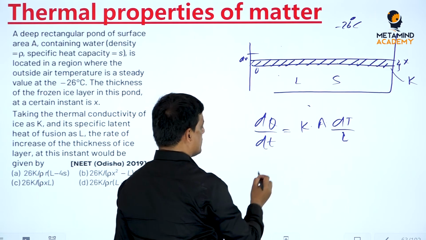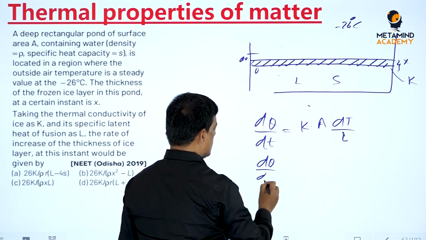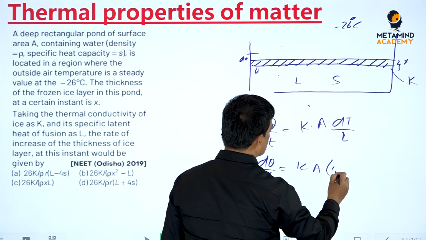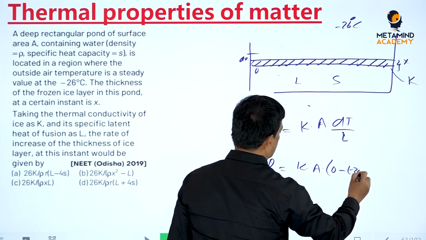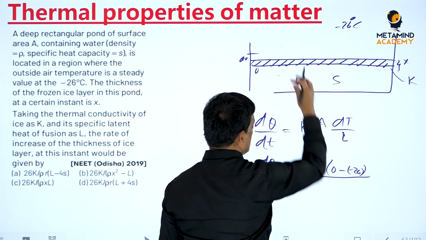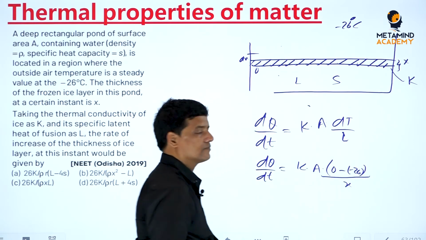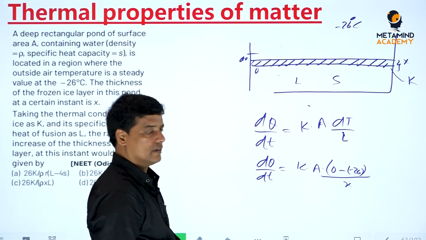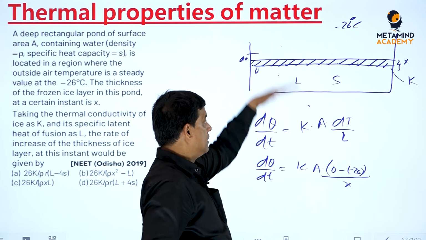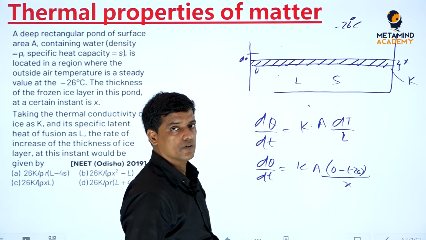So, when I write into this, I can say dq by dt is K A and what is the temperature? 0 minus of minus 26 by L, which is this thick layer of ice, that is x, right. So, this is the heat which is flowing out of the pond, okay.